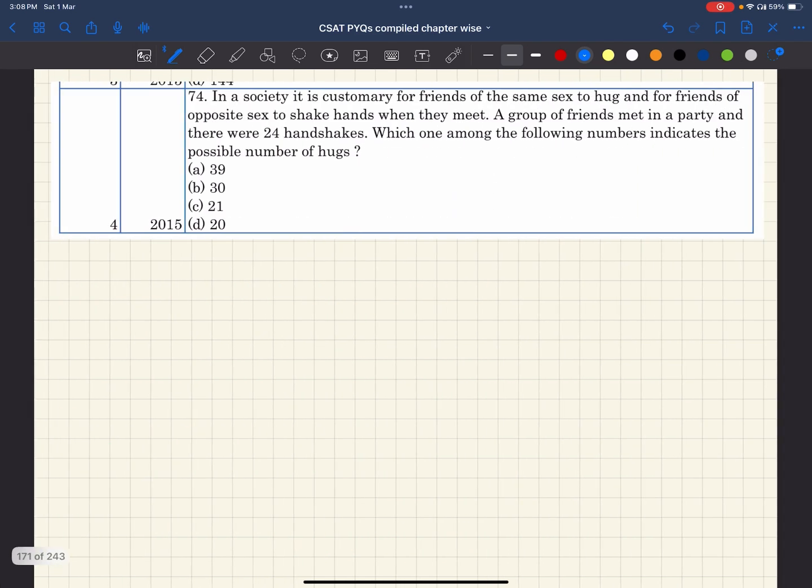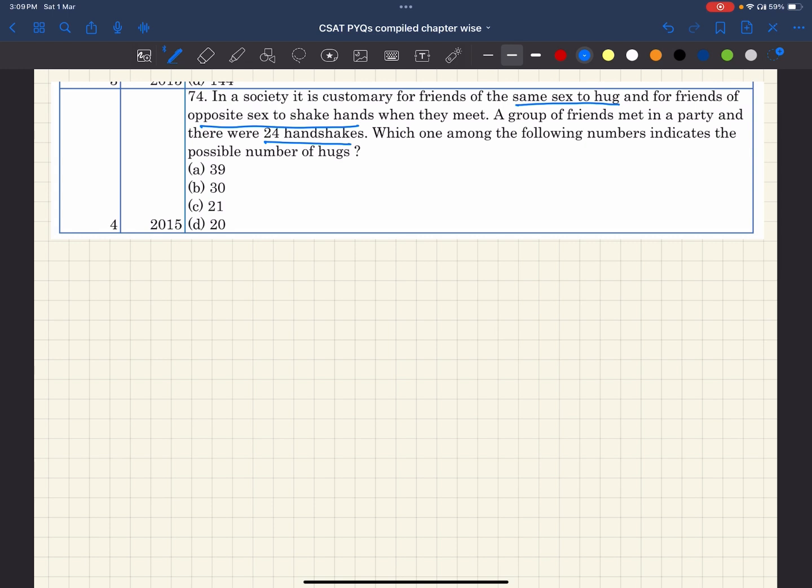Let's go to the next question. In a society, it is customary for friends of the same sex to hug, and for friends of opposite sex to shake hands when they meet. A group of friends met in a party and there are 24 shake hands. Which among the following numbers indicates possible number of hugs?